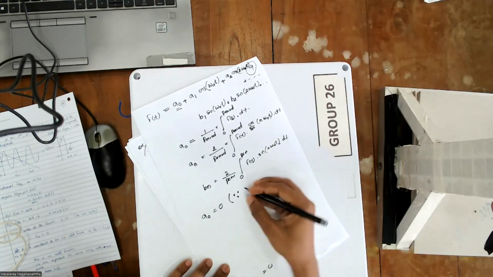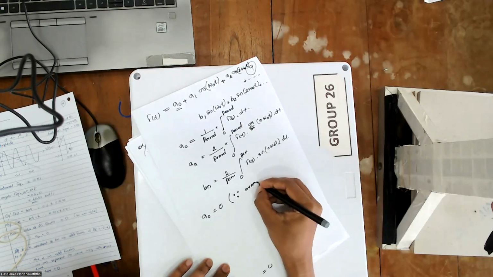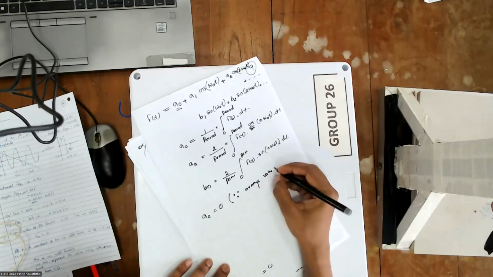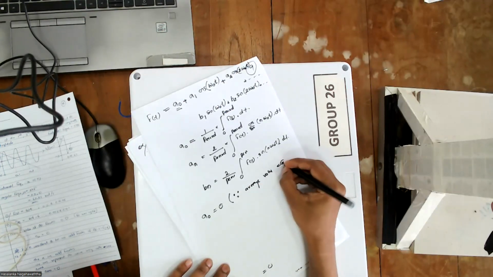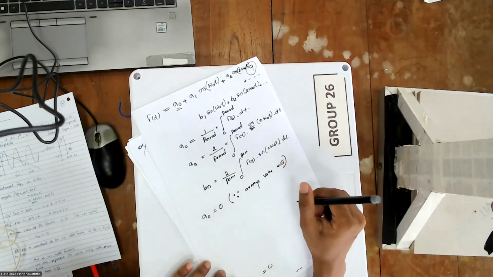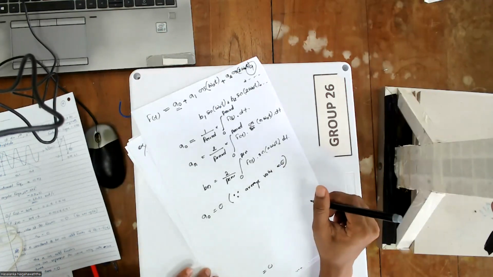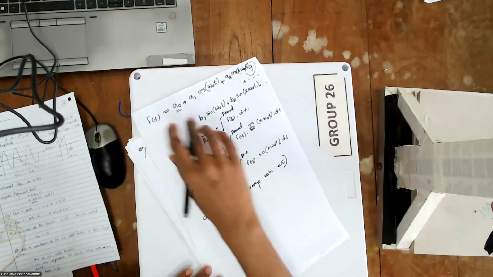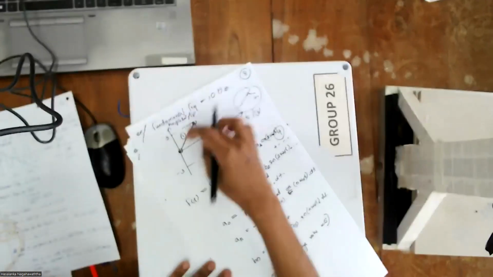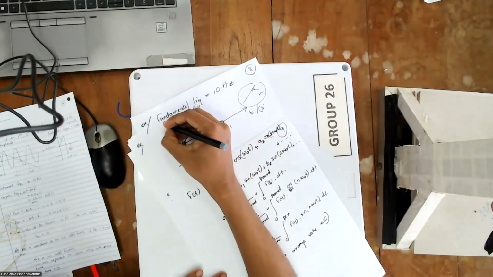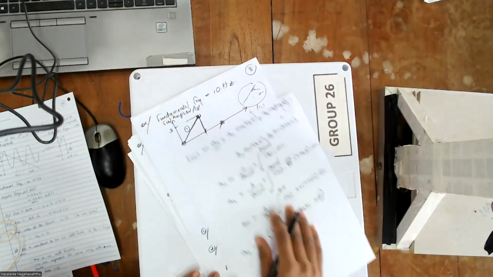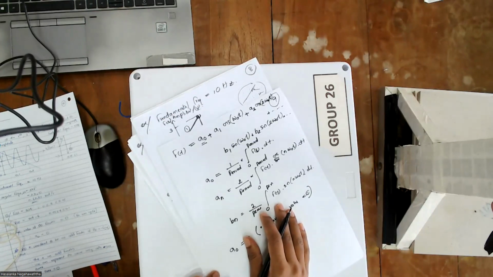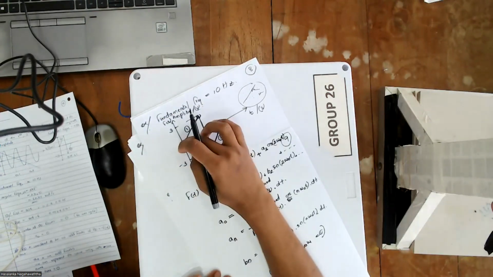Mark, the average value of the function is 0. Then f(t), the f(t) curve, is considered to be an odd function.